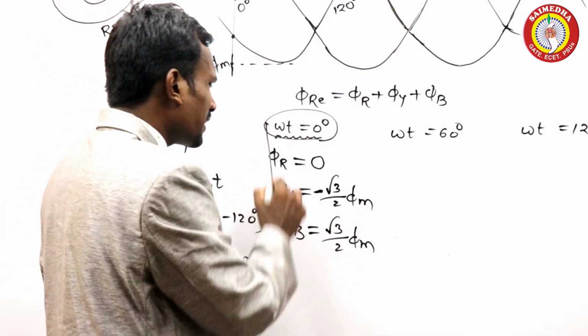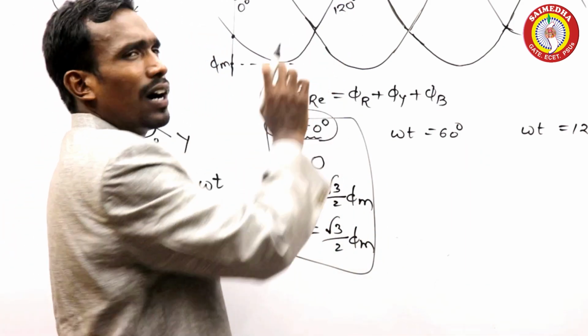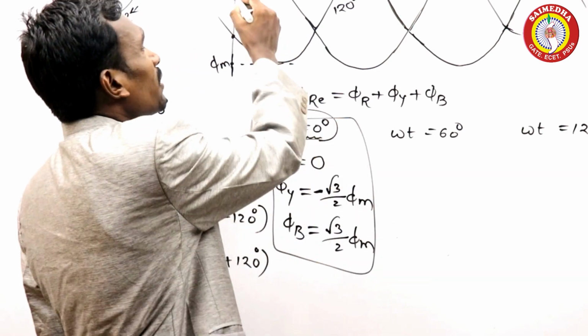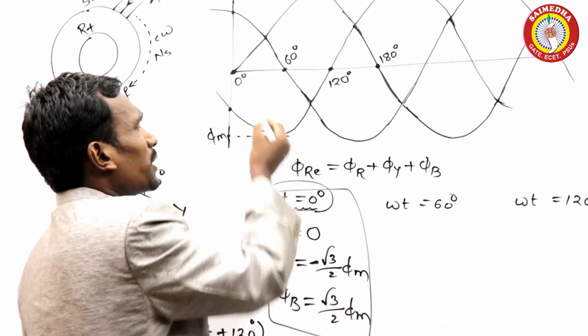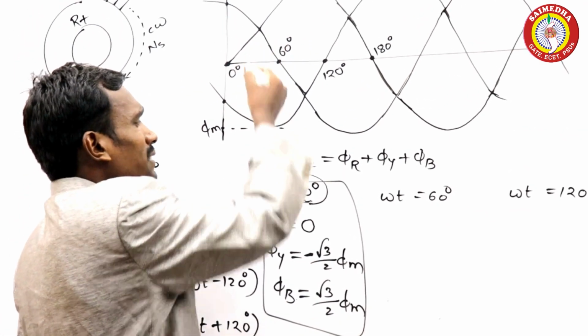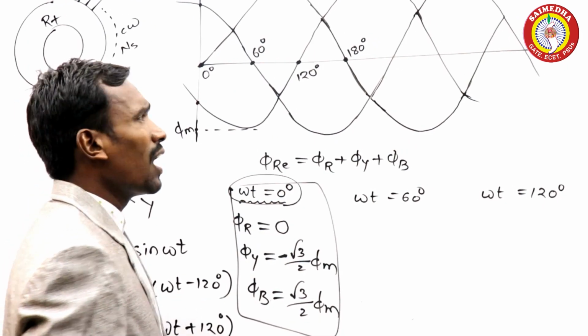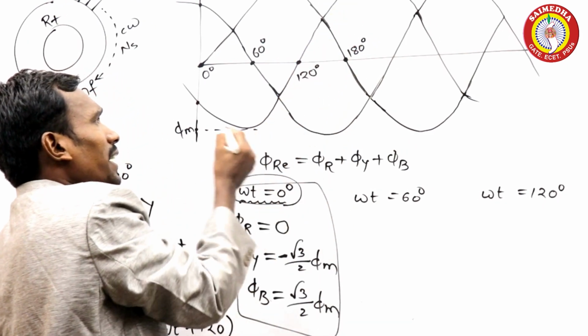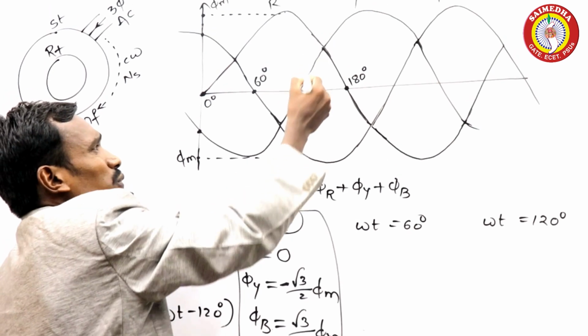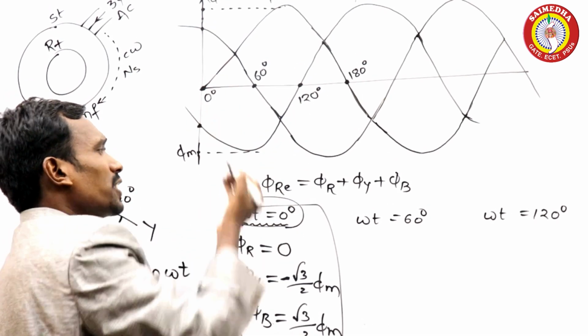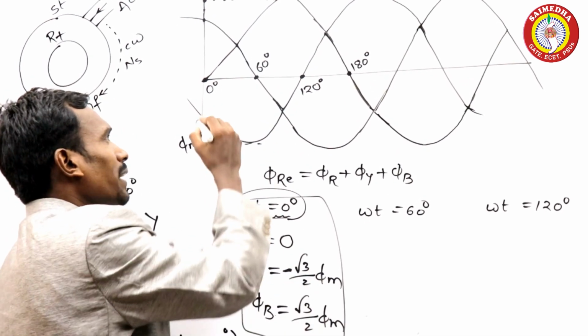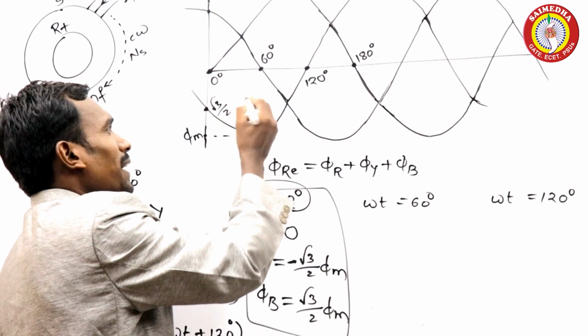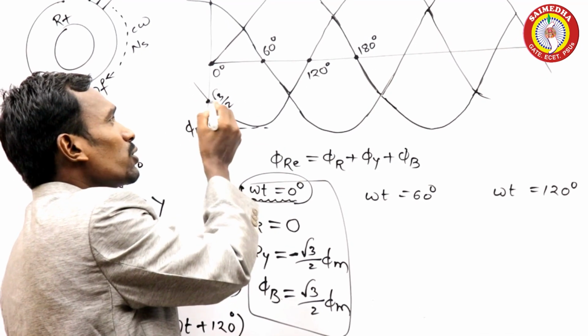Actually, this is very easy to represent in the waveforms. See here, at this point phi r is equal to 0. I told you already. And what about phi y? See here, phi y is in negative, that's why minus root 3 by 2, this value root 3 by 2 with negative sign.